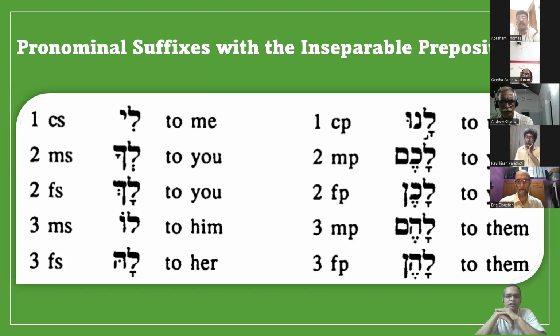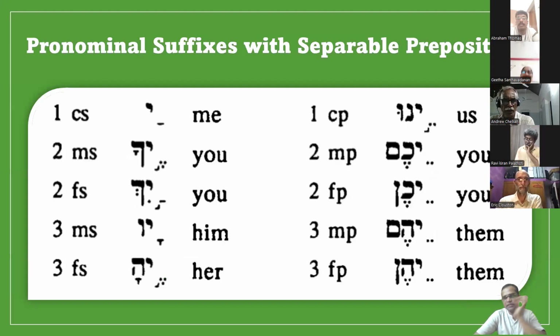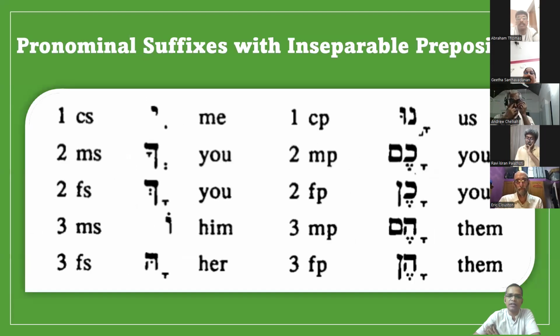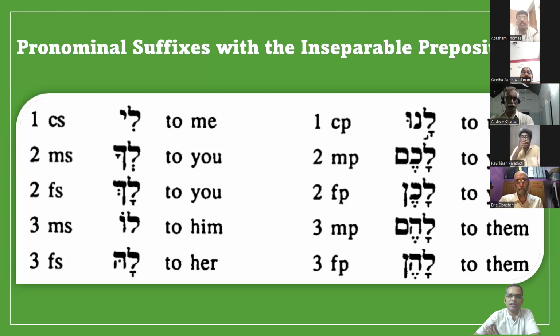All right, so this you have to memorize: li, leka, lak, lo, la, lanu, lakem, laken, lahem, lahen. Memorizing the endings along with the example here is very important, because we will follow the same principle when we add pronominal suffixes to nouns, singular nouns and plural nouns.